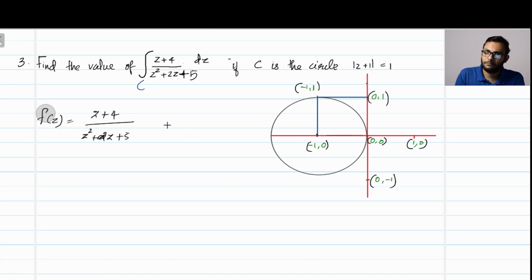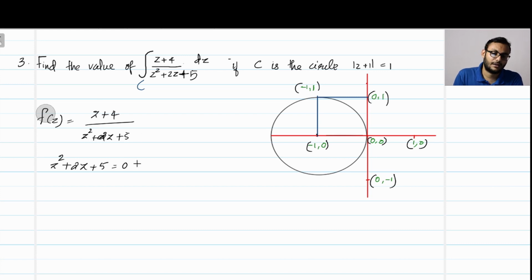In order to find the poles, we have to find the not defined points within this function. The easiest way is to equate the denominator to 0, that is z square plus 2z plus 5 equal to 0. If this becomes 0, then the whole function is not defined and hence f of z is not analytic at those points.